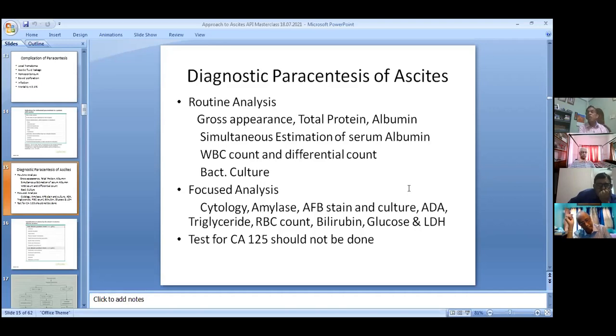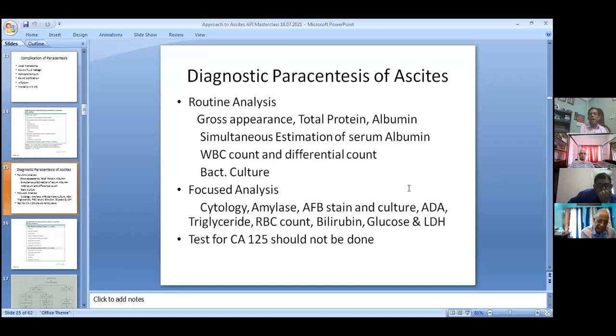These are the routine tests. And the focused analysis: cytology in suspected malignant ascites, amylase for suspected pancreatic ascites, and for tuberculosis, AFB stain and culture and ADA. Triglyceride you should do if you suspect chylous ascites. If the fluid is dark or reddish, you have to differentiate whether it is a traumatic tap or hemoperitoneum, and the RBC count should be done.